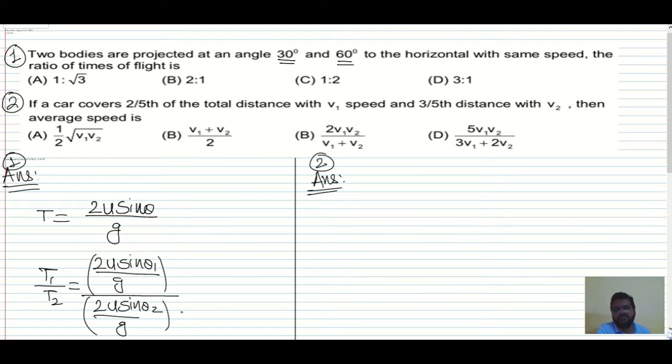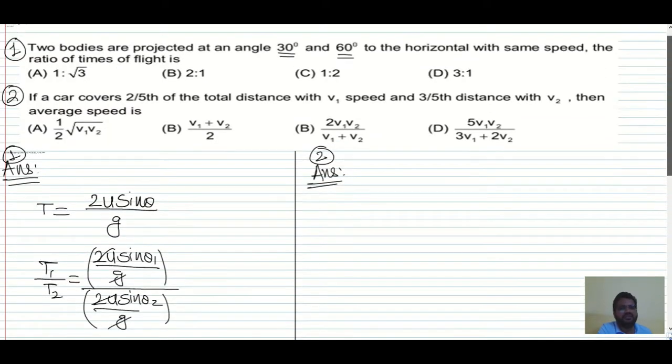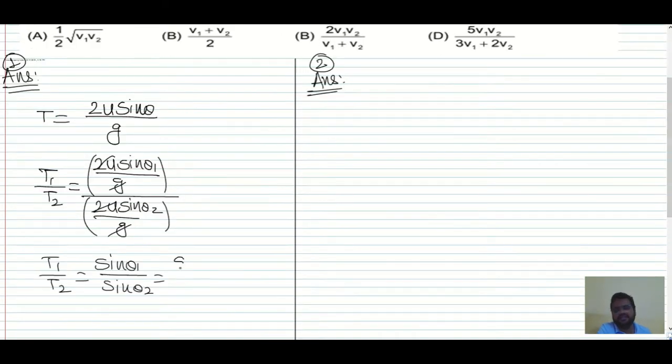Speed is given same, so I am writing it as same, that is u only. So this 2u by g gets cancelled, and we'll have t1 by t2 ratio as sine theta 1 divided by sine theta 2, which is equal to, angles are given, that is 30 degree and 60 degree.